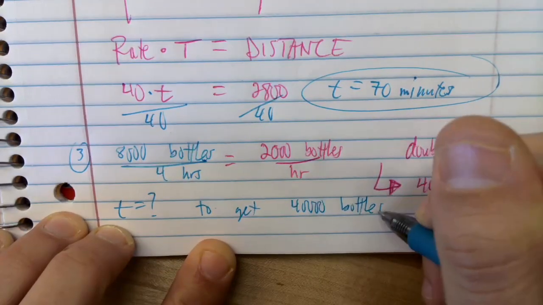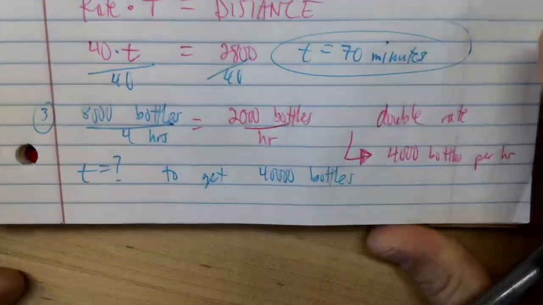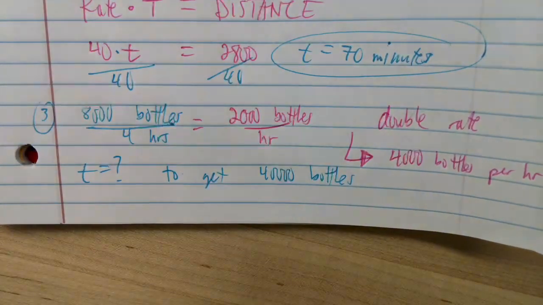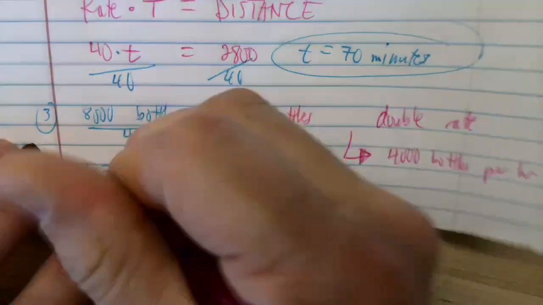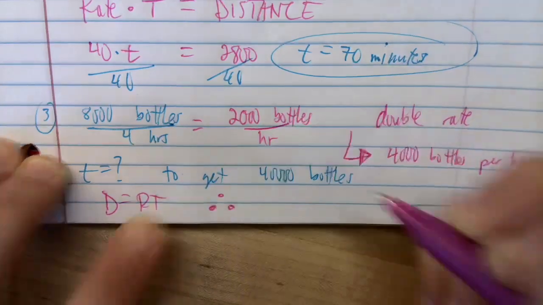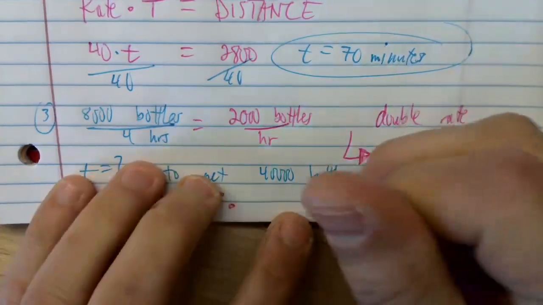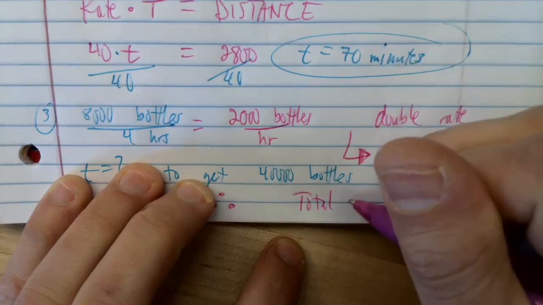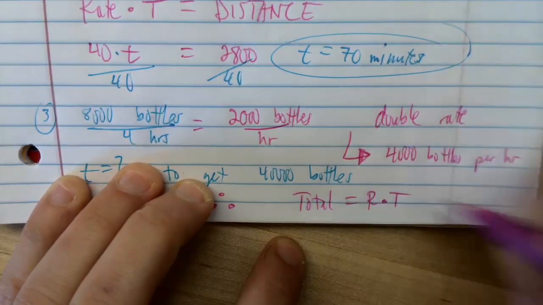This is not a distance, is it? 40,000 bottles is not a distance. However, I need you to remember the concept that distance is equal to rate times time. Therefore, in the same kind of context, we can find a total by multiplying the rate and the time.